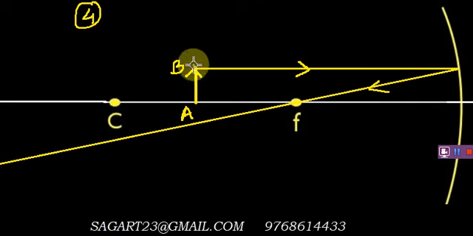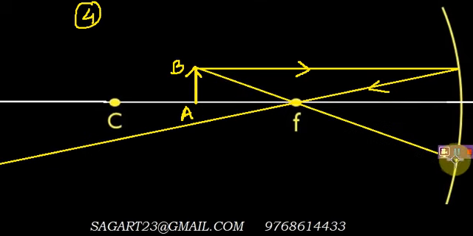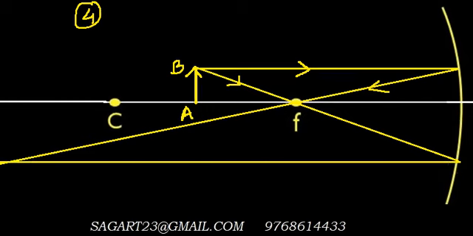Now we take the second ray, which is passing through the focus, and this ray after reflection will pass parallel to the principal axis.